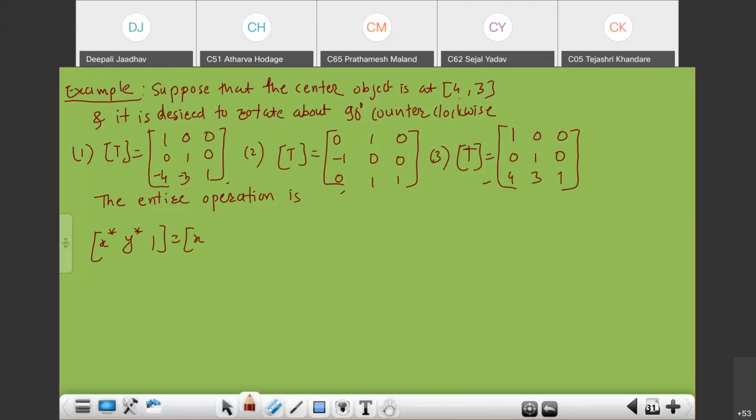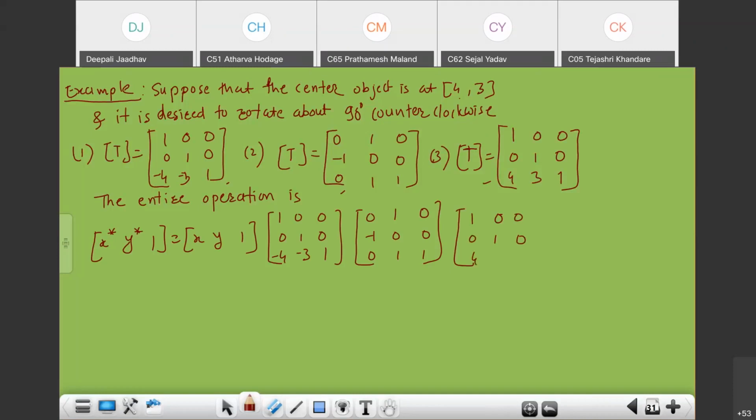the original position vectors, and the first one, 1 0 0, 0 1 0, -4 -3 1. Second, multiply the transformation matrix, and the third. We can combine these three and multiply it with the original position vectors.